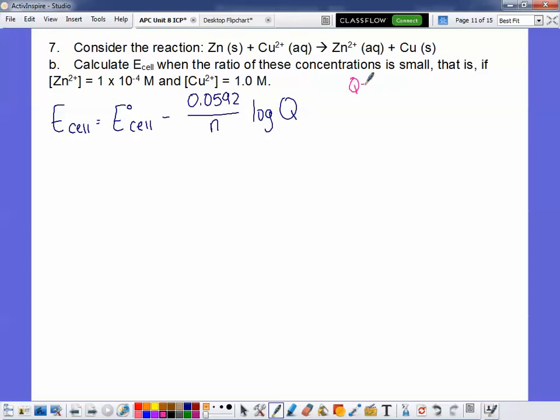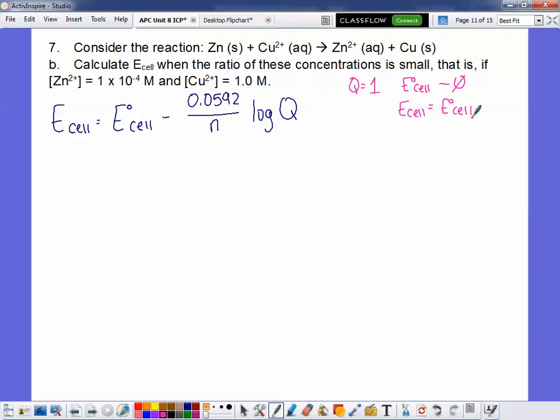So when Q equals 1, we're doing E standard cell minus 0. So E of the non-standard cell equals E of the standard cell. Therefore there would be no change in the voltage. So if we change both concentrations to like 0.5 molar, Q is still going to be 1.